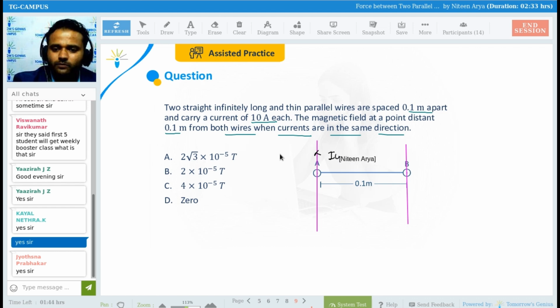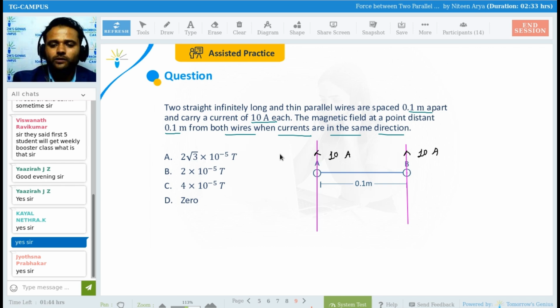So this is your 10 ampere, and this one is also 10 ampere. The magnetic field at a point distance 0.1 meter from both the wires, the net magnetic field, you need to find.